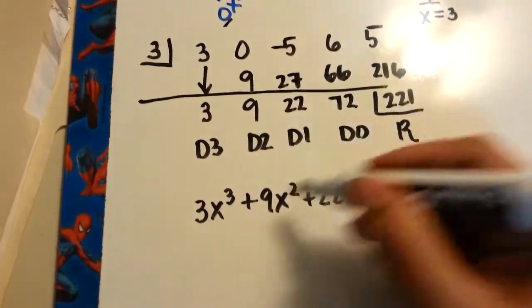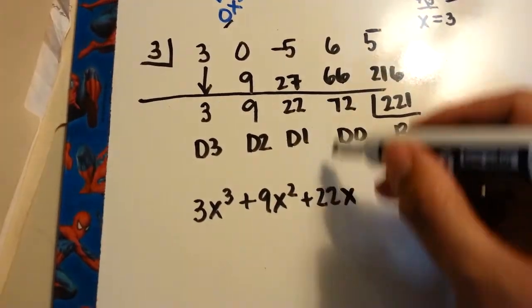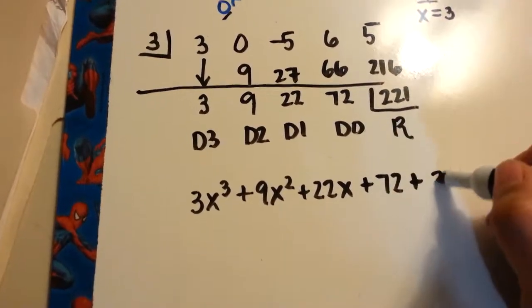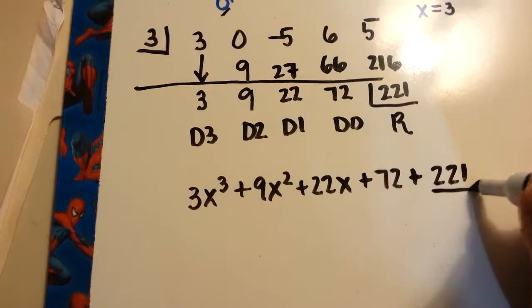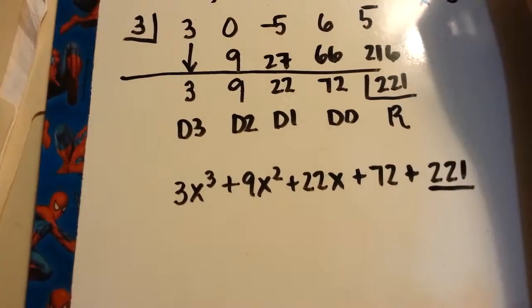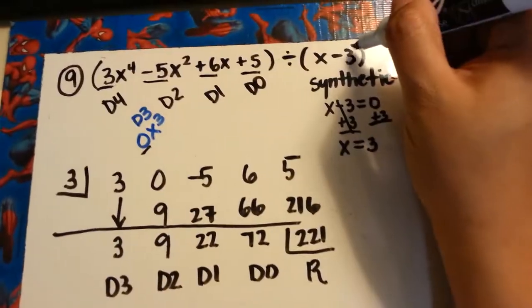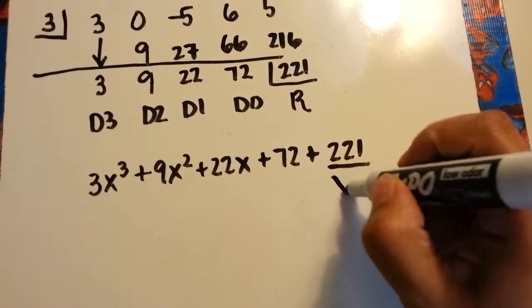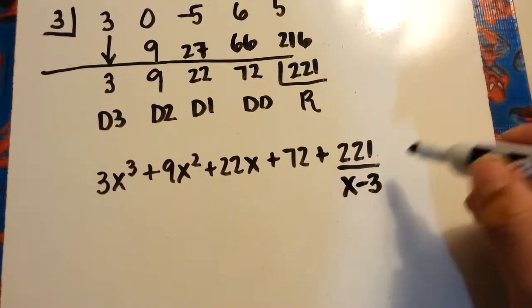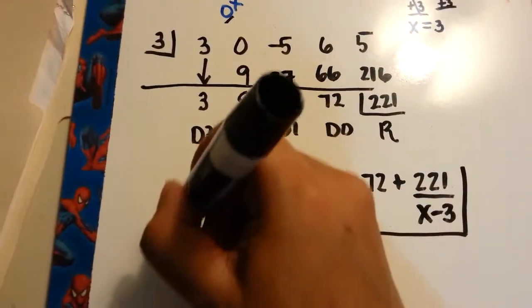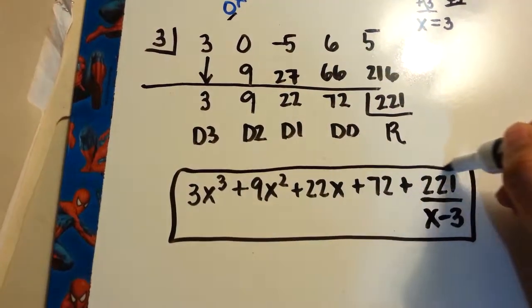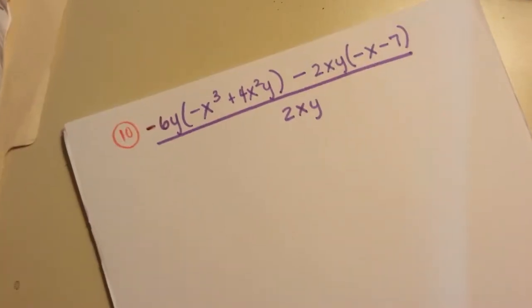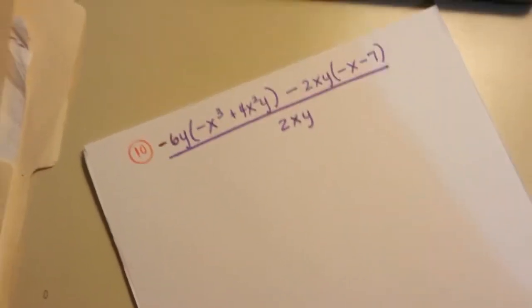Now notice all of these are positives. 22x plus 72 plus 221 over what? Over this, the x minus 3. That's the answer.